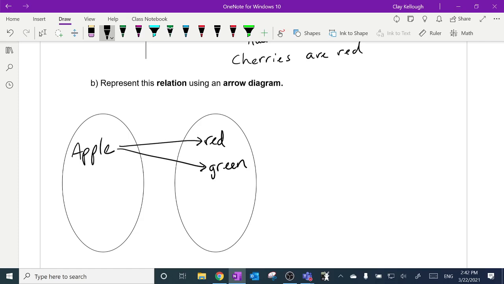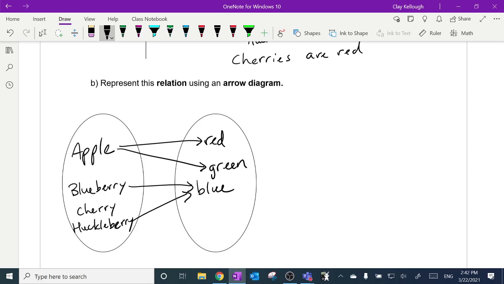And then, of course, you've got blueberries, and you've got cherry, and you've got huckleberry. I hope I'm spelling huckleberry right. And blueberry is, of course, blue, but so is a huckleberry. And, of course, cherries are red.